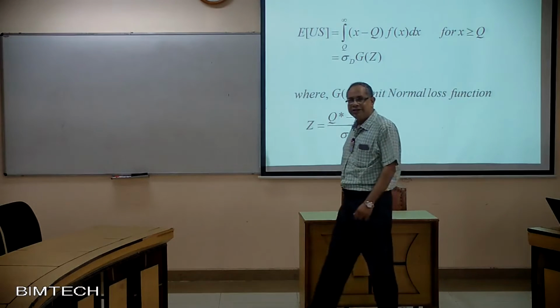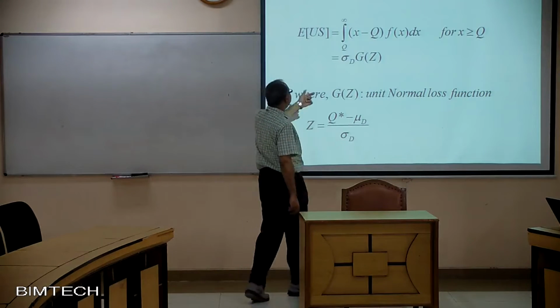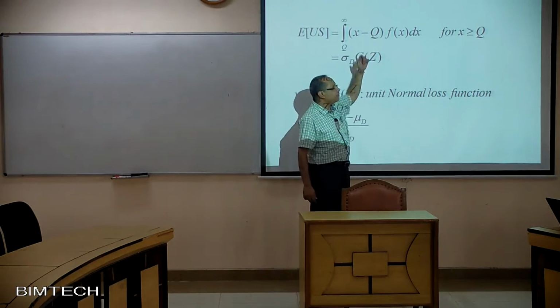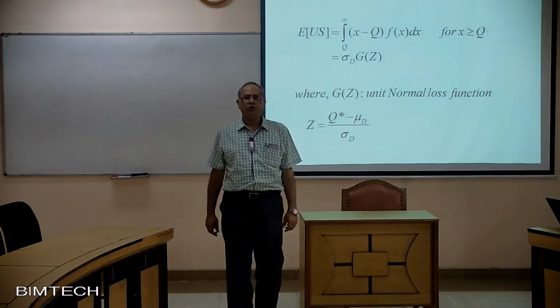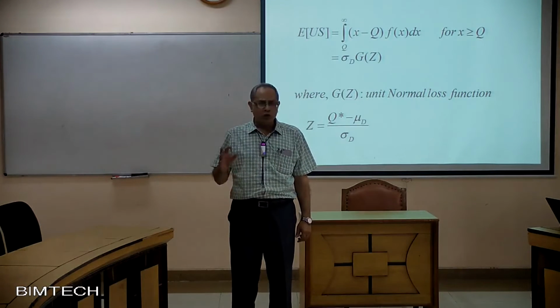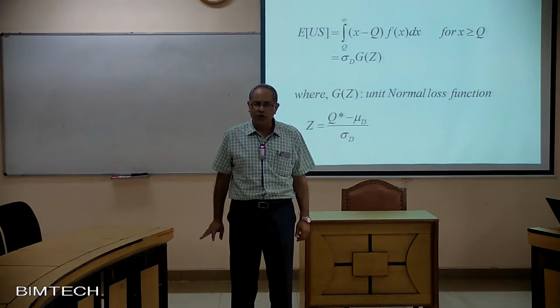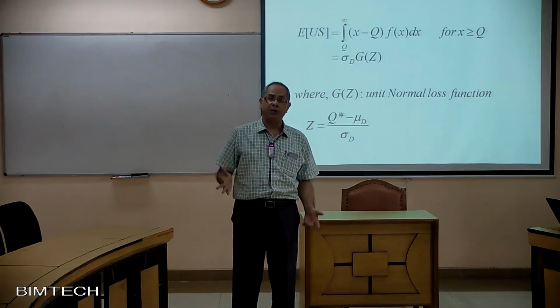So here we are. Let us look at this equation. When do we go short? We go short only when demand exceeds Q, not when the demand is less than Q. We go short for a certain range of demand.